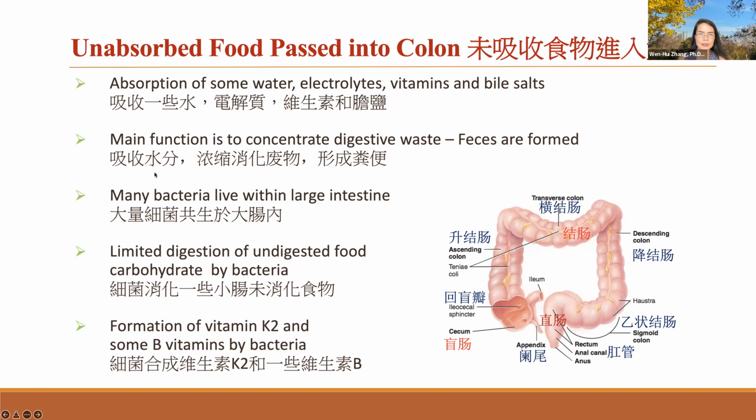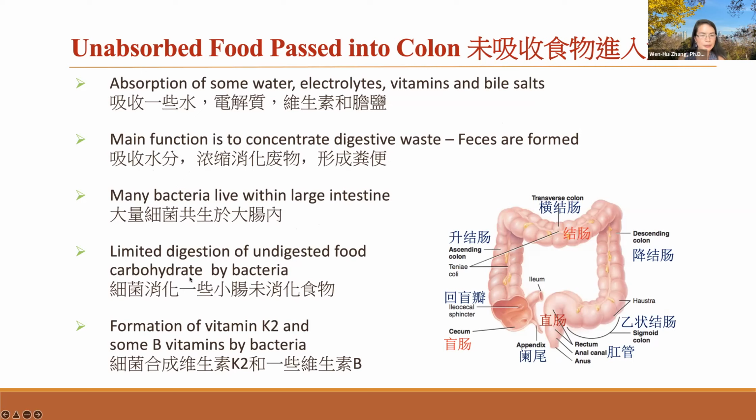So the main function of the large intestine is to absorb water from the digestive waste so that it's concentrated to form feces. And lots of bacteria live in the large intestine.